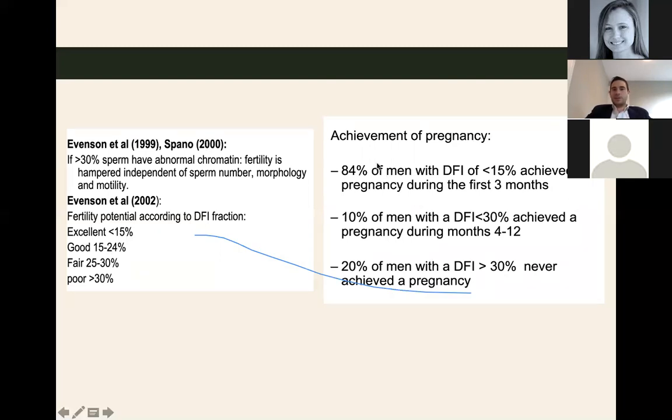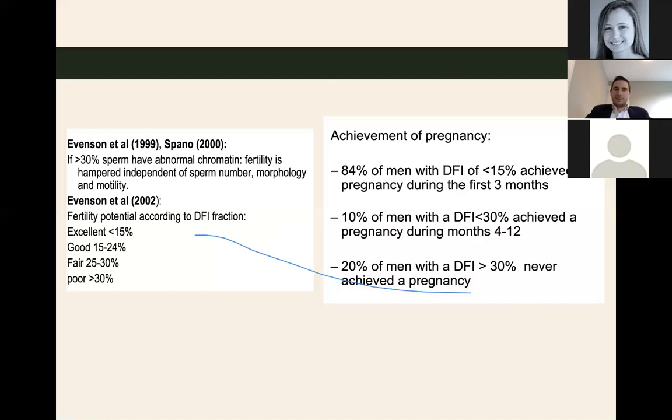So 84% of men with DNA fragmentation index less than 15%, the excellent group, achieved a pregnancy within the first 3 months. And 10% of men with DNA fragmentation index less than 30% took a bit more time, around 4 months to a year. But 20% of men with DNA fragmentation index more than 30% never achieved a pregnancy.